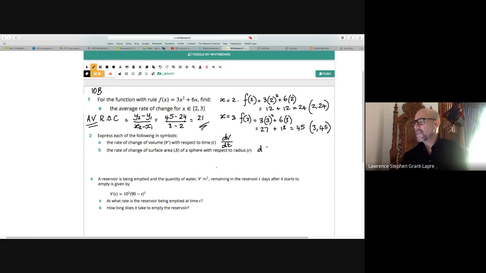So that's dS/dr. You'd need S equals some sort of function of radius to be able to get the derivative dS/dr. Just like above, we'd need V equals some function of time.